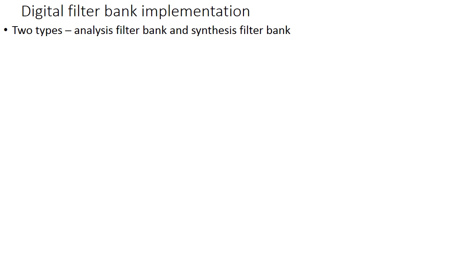Then an analysis filter bank is used. A synthesis filter bank is to reconstruct the signal back into the time domain. There are two approaches for both analysis and synthesis filter banks, so we'll see them one by one.